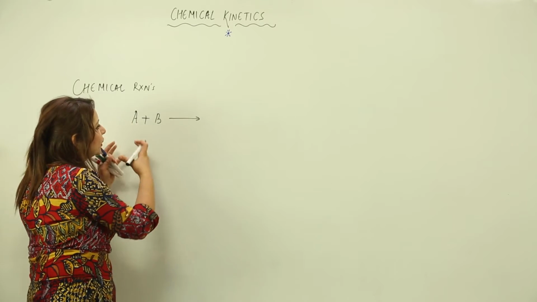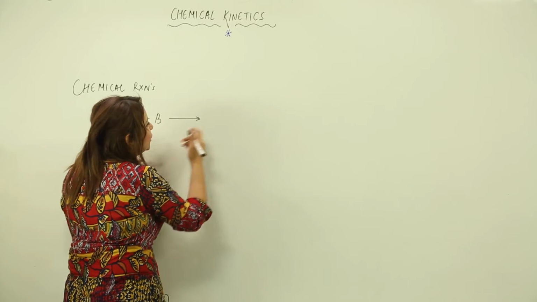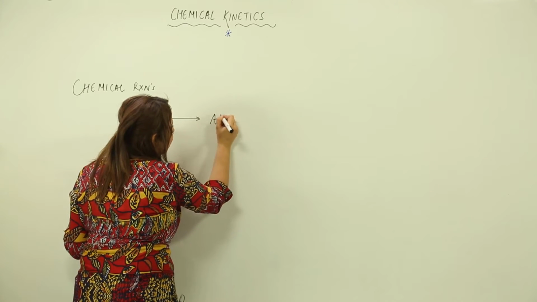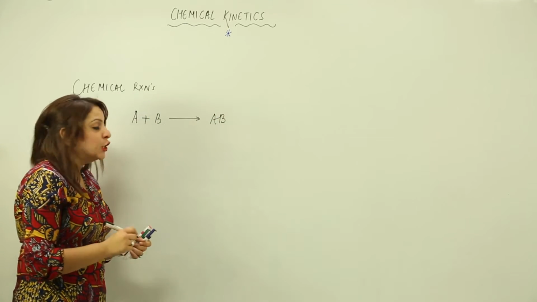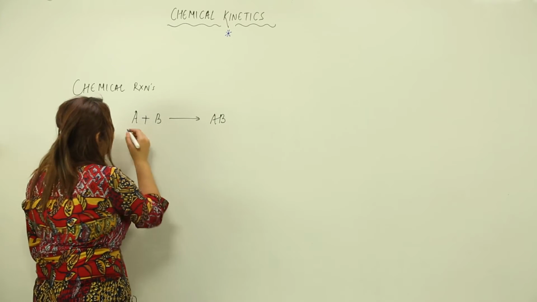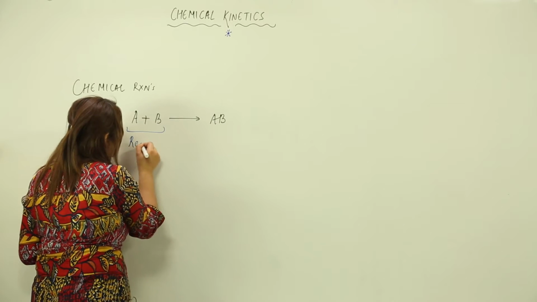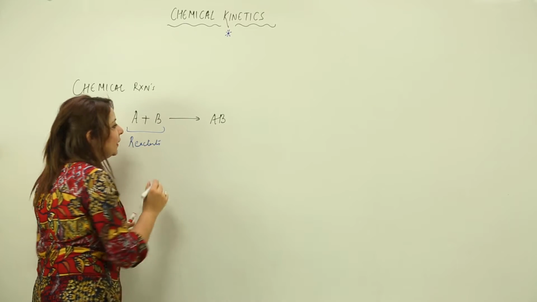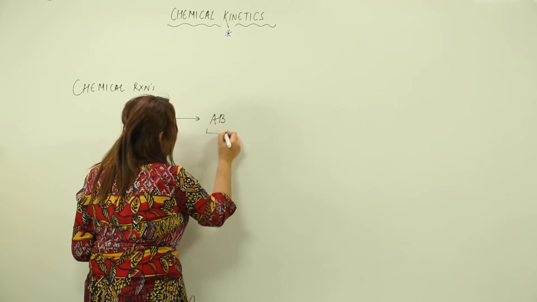They undergo a chemical change and form a product, that is AB. The substances that react are considered to be reactants. So in this given example, A and B are reactants and AB is the product.